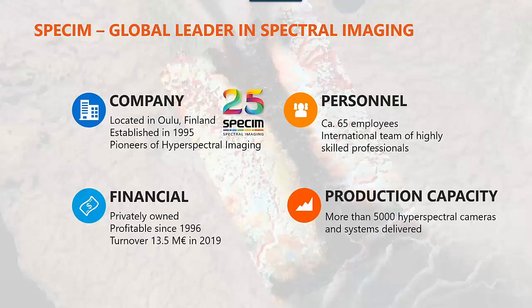Most of the activities are in Oulu, Finland, but we do have sales offices in Helsinki, Finland, US, and China as well. The company is privately owned and it has been profitable since the very beginning. To date, we have delivered more than 5,000 hyperspectral cameras and systems. So we are one of the big players in the commercial hyperspectral imaging market.